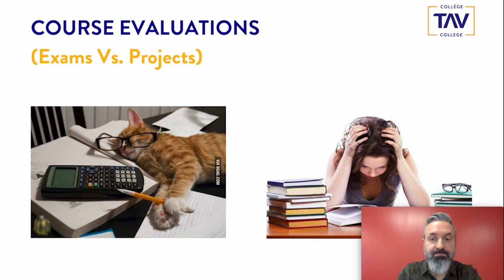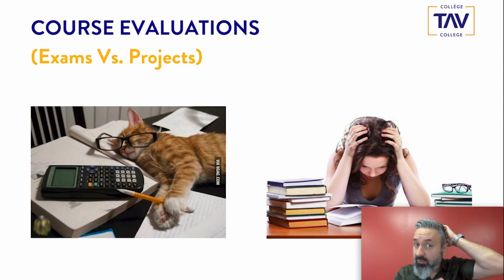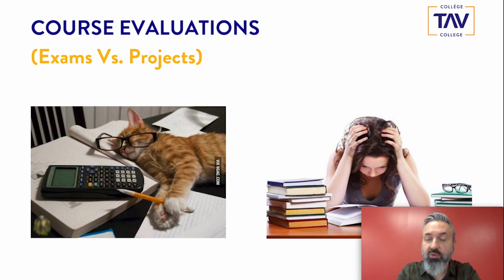Let's see. Course evaluations: we have exams and we have projects. Mainly in digital marketing, we focus more on projects, because we want people to work in groups to accomplish a task and to practice. It's not a theory class, basically. We give you a skill and we want you to apply it, whether it's research, building something, or designing a website, whatever it is, and then deliver it to the teacher.